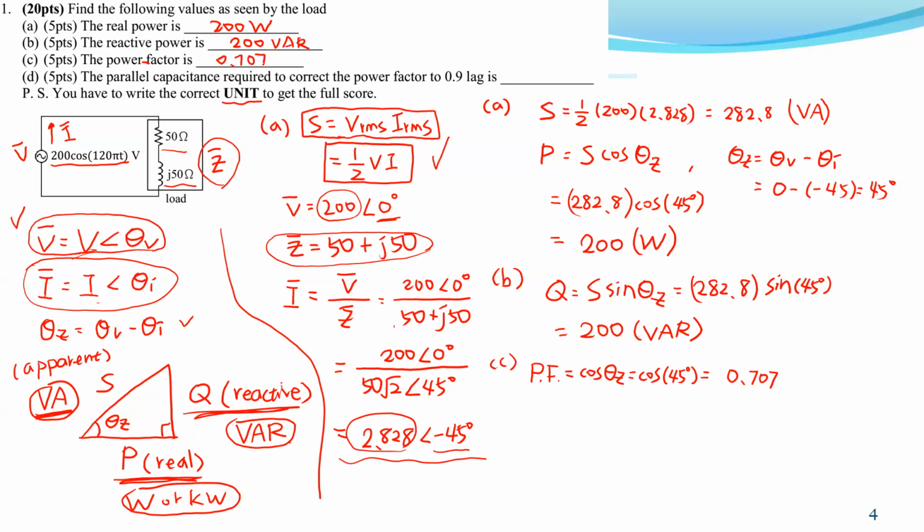Okay, this is the ABC, and look at D. The parallel capacitance required to correct the power factor to 0.9 lag.